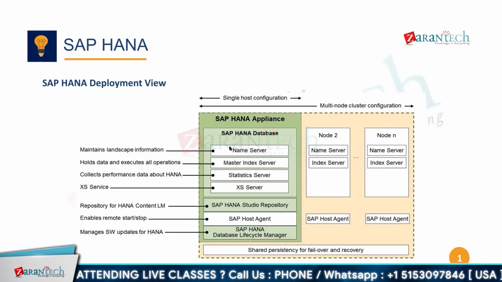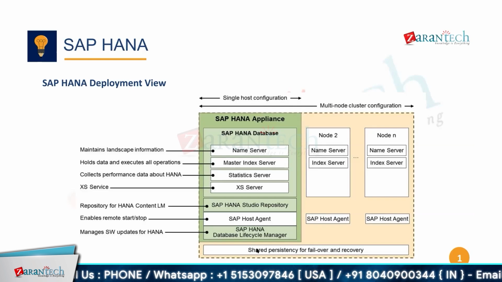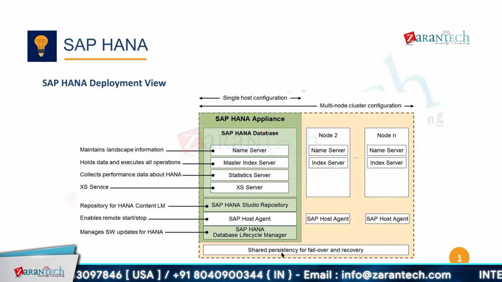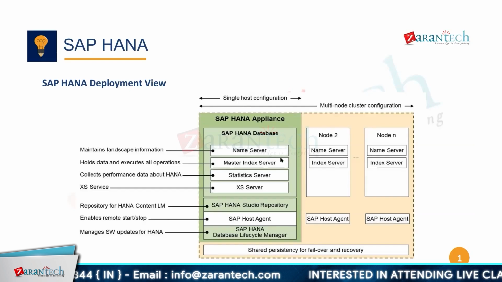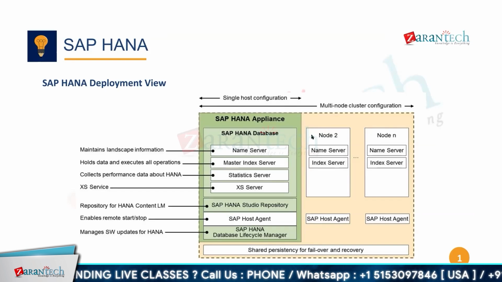Good. So you can see at the bottom, shared persistency for failover and recovery. What it means is disks. This is the simple architecture of the HANA database. Number one, it has these servers on the master node. And if it is multi-node, you have node 2, node 3 with name server and index server.